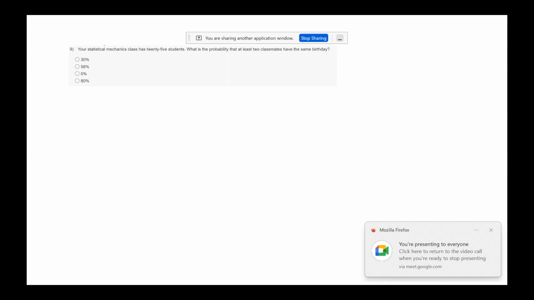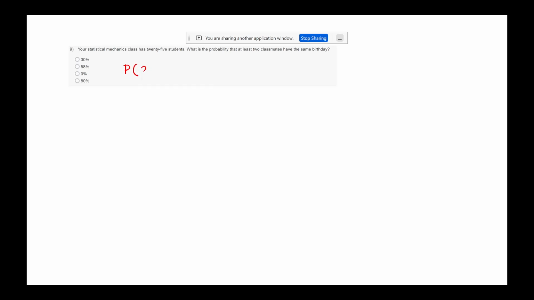So as Mugilan said, the probability of at least 2 sharing a birthday, that is greater than or equal to 2, is the same as the total probability, which is always 1, minus the probability that no person has the same birthday, as Mugilan rightly said.